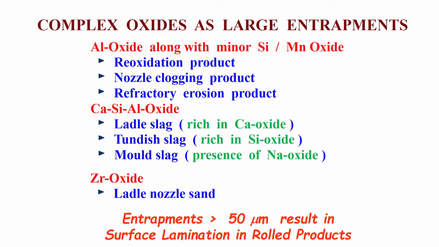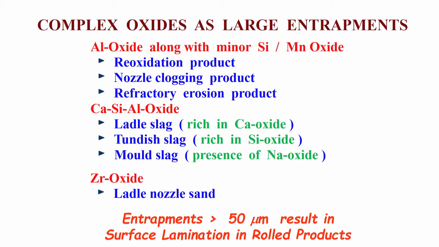I have mentioned that in a cast product it is not uniformly present. Certain areas of the product normally you find more such entrapments, and certain areas they are relatively free from entrapments. Now, what are the possible entrapments? What are the possible sources?